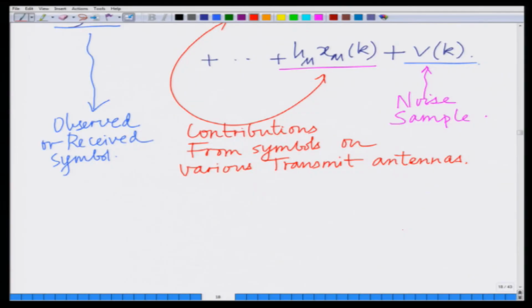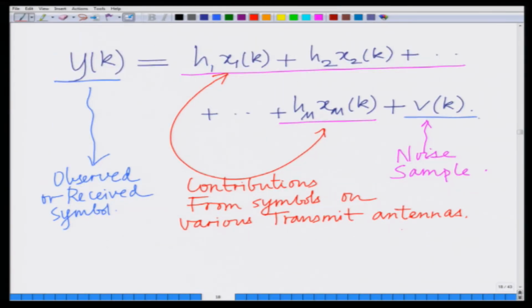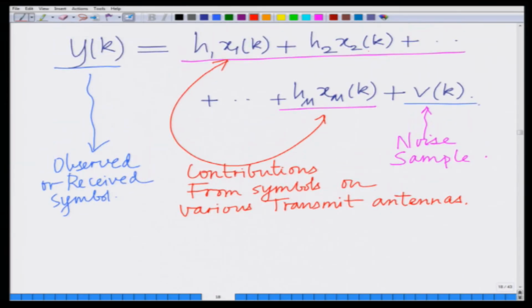For instance, x1 of k is the symbol transmitted on transmit antenna 1 at time instant k, that goes through channel h1. For instance, h2 x2 of k basically refers to symbol x2 of k transmitted on transmit antenna 2 at time instant k, going through channel h2 and so on until hm xm of k, that is what we have. Okay. And now, this is the model corresponding to the received symbol yk at time instant k.